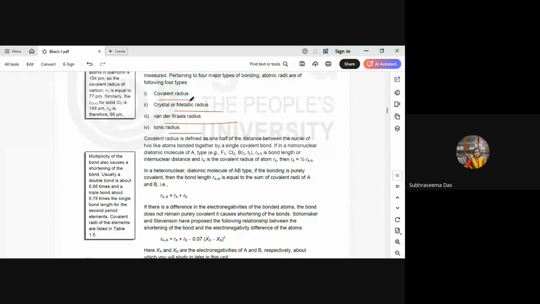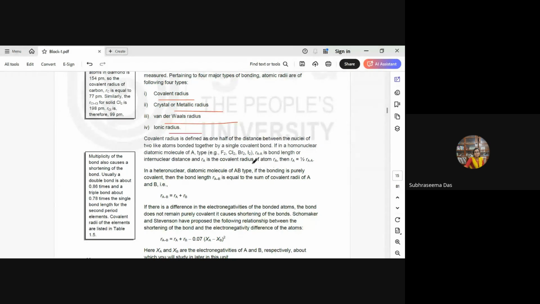First is the covalent radius. How do we define a covalent radius? A covalent radius is defined as half of the distance between the two nuclei. Supposing we have a chemical bond between two atoms, the covalent radius will be given as half of the bond length, or half of the distance between the two nuclei.